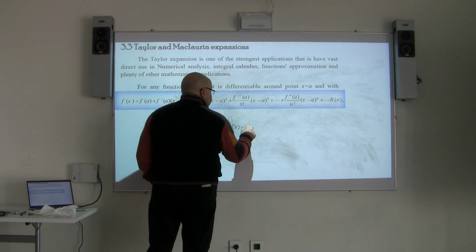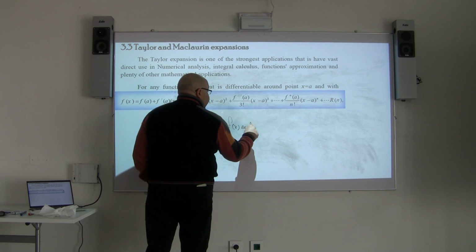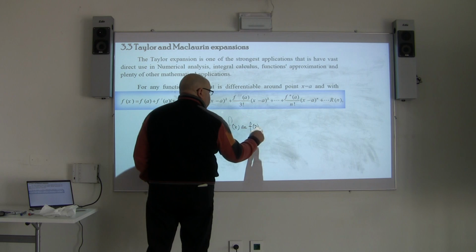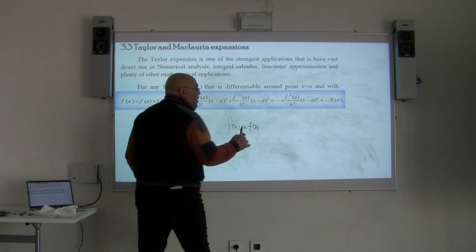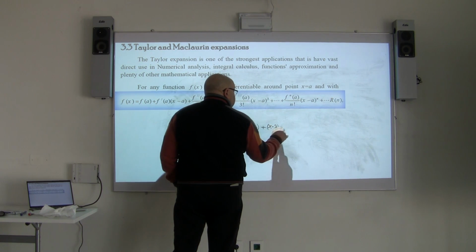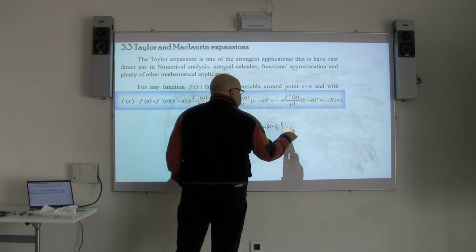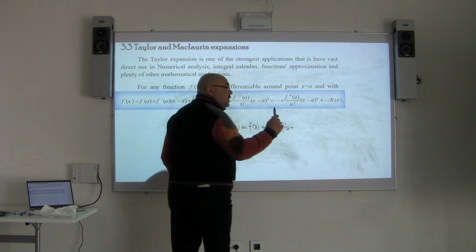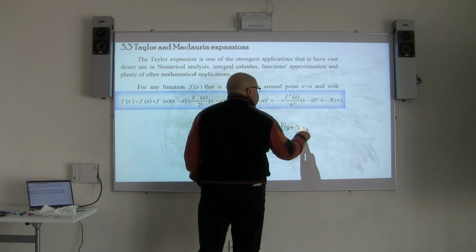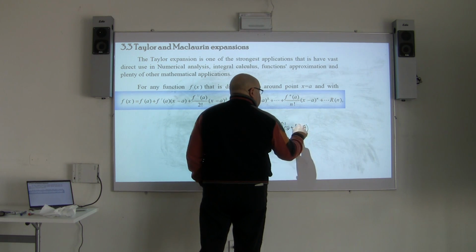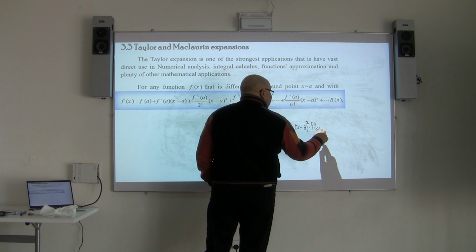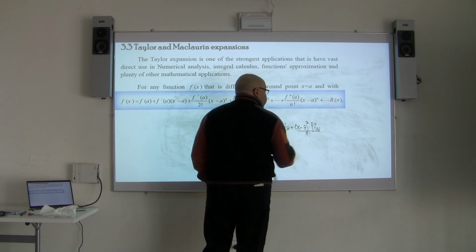بص كده، f of x approximately equals the value of the function at the point that you are using, then plus x minus a times f dash a, then plus it's like a train. The second term, the third term, it's going to be x minus a to the power of 2 times f double dash at a divided by factorial 2.